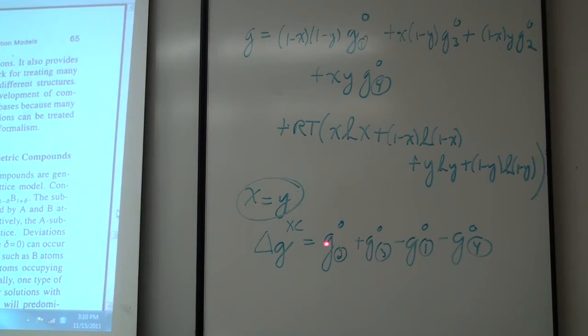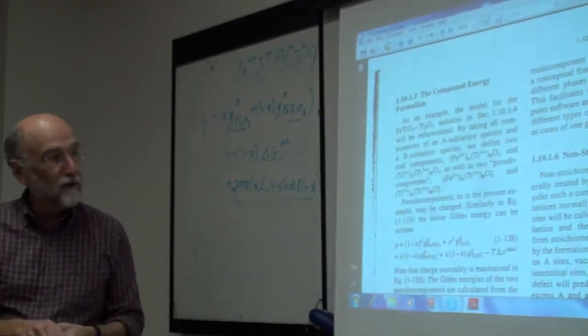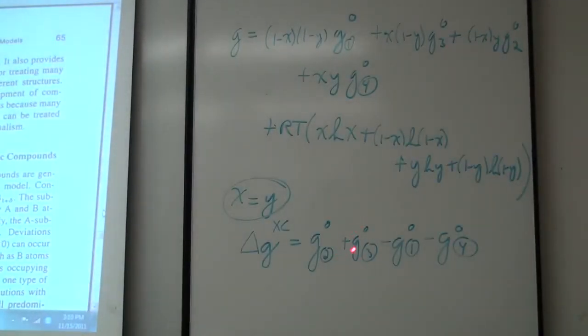You could choose one of these arbitrarily, and the other one would give you delta G exchange. Remember G2 and G3 were the two charged compounds. You make G2 equal to whatever you want, 0, and then G3 is given by delta G exchange plus G1 plus G4, or any way you want to do it. There's only one real parameter. One of these is necessarily arbitrary. All that's necessary is that the sum of these two equal the sum.